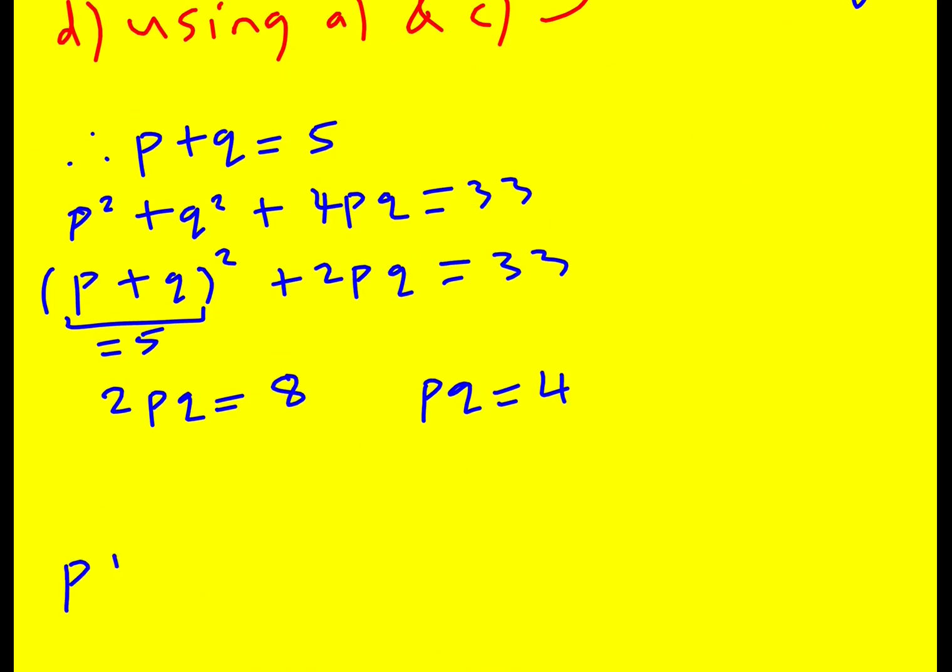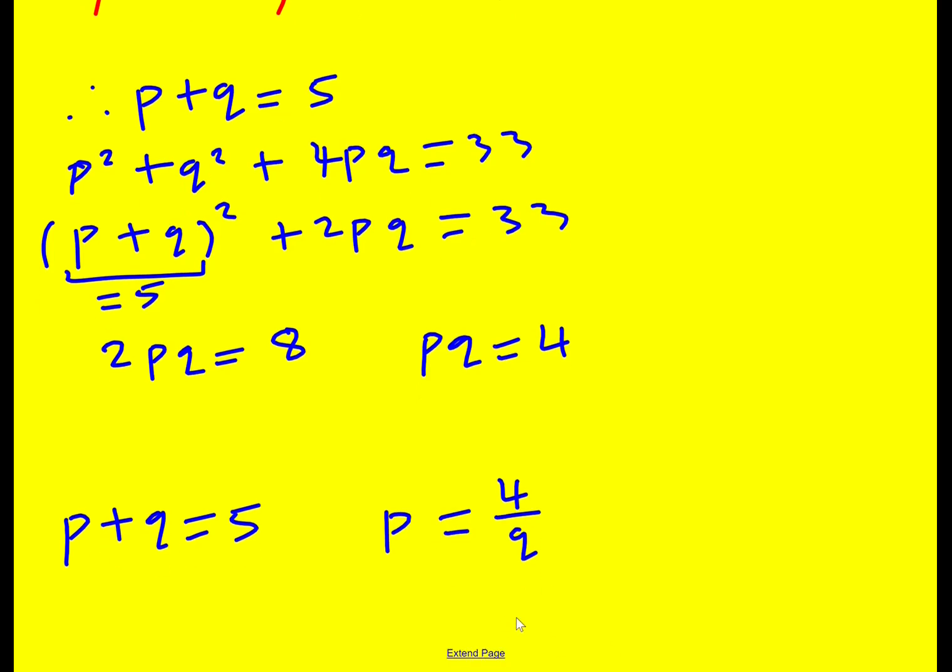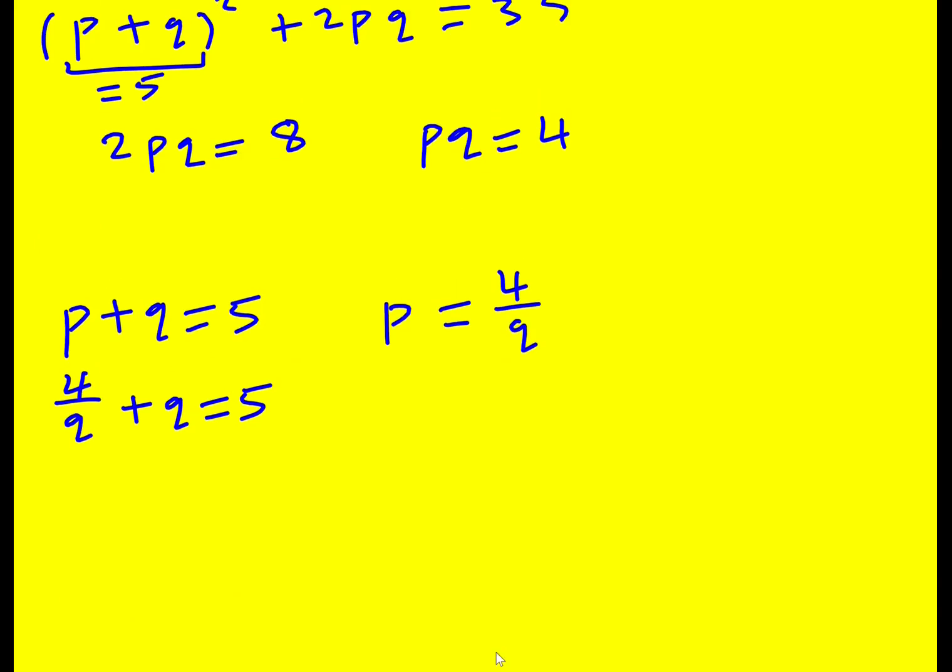So P plus Q is equal to 5, and P must equal 4 over Q. Essentially I've got myself some quadratic simultaneous equations to solve, because if I replace P by 4 over Q, I get 4 over Q plus Q is equal to 5. That means if I times through by Q, I'll get Q squared minus 5Q plus 4 is equal to 0. Factorize this.